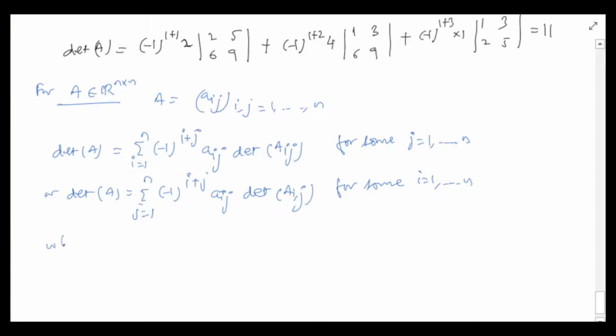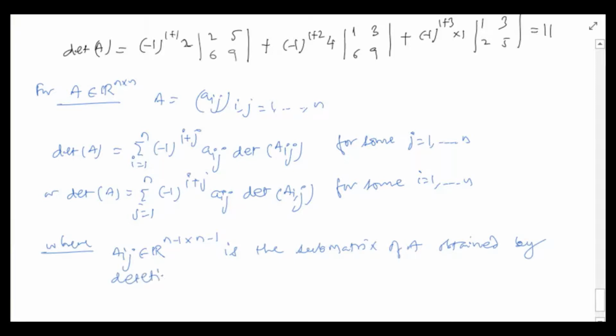Let me write here where Aij is a submatrix of A. It has dimension n minus 1 cross n minus 1. This is the submatrix of A obtained by deleting ith row and jth column.